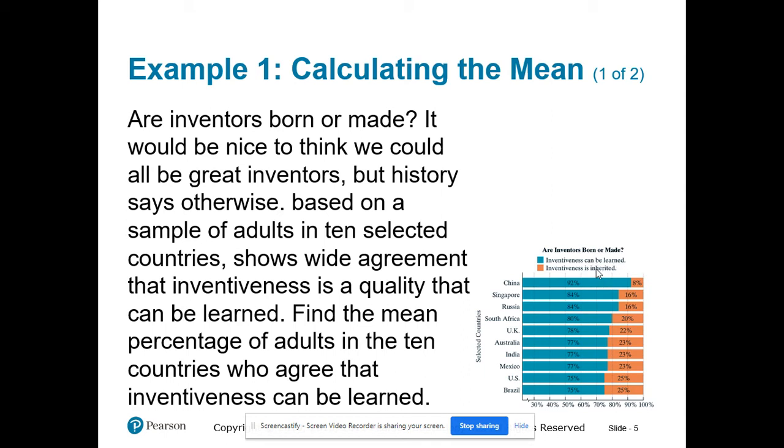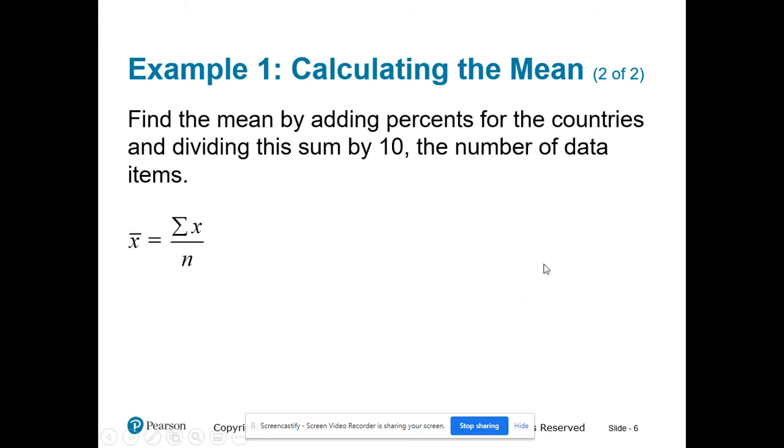All right, so to find the mean, we would add these numbers up and then divide by the number of numbers we have. They told us that we have 10 countries, so we're going to add these numbers up and divide by 10. I'm going to go to the next slide.